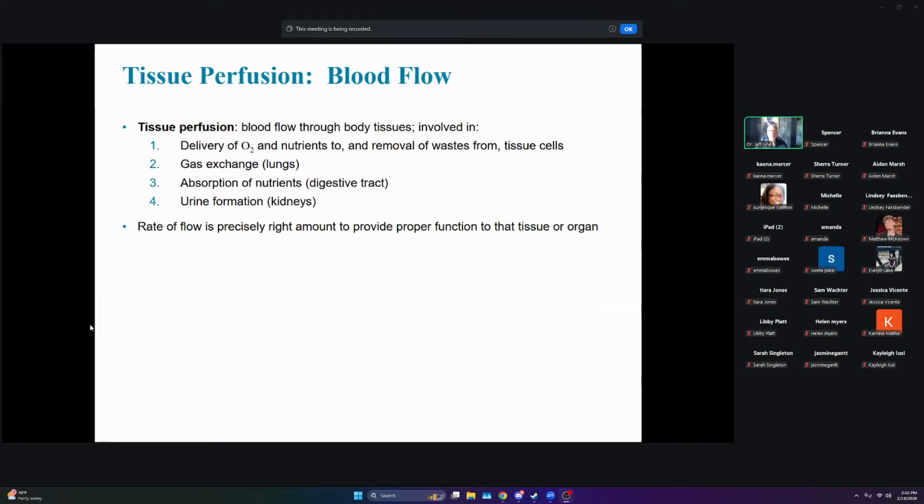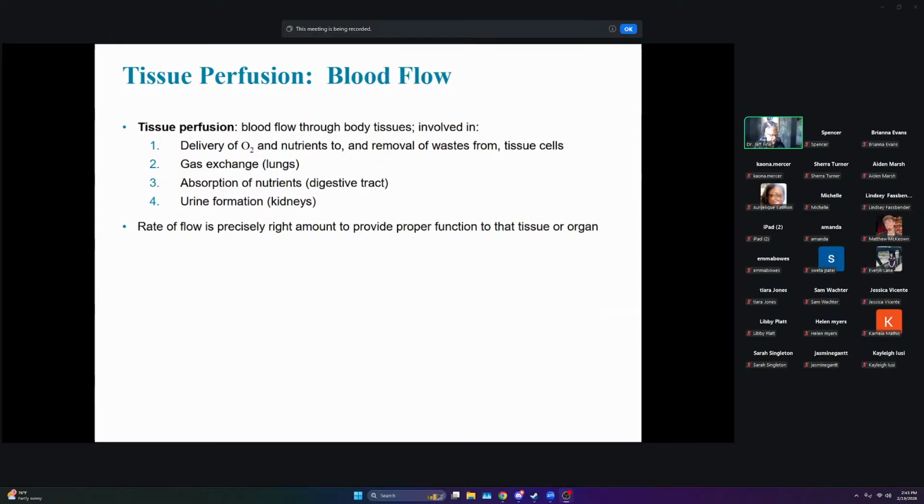All right, tissue perfusion. We've talked about this before, right? Delivering oxygen and nutrients, removing waste from all tissue and cells. Some key areas where that occurs, and certainly next week, Tuesday and Thursday, we'll be talking about gas exchange within the lungs.